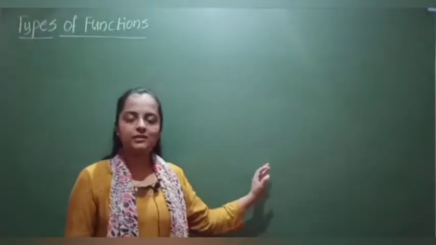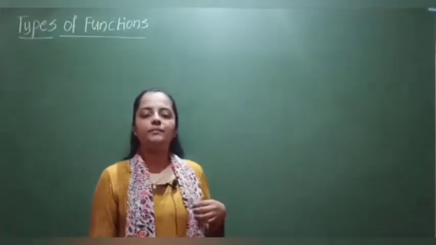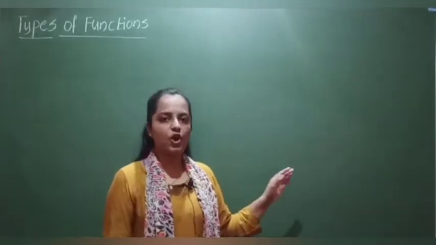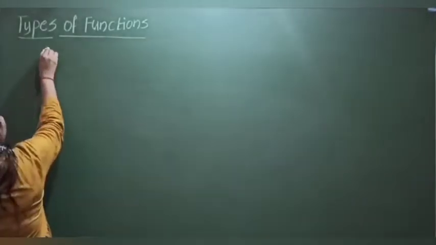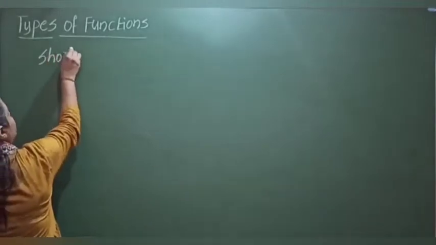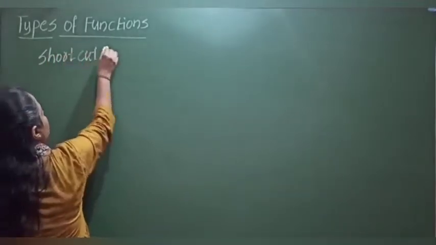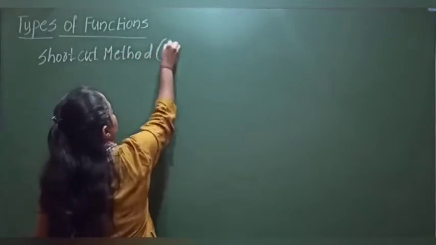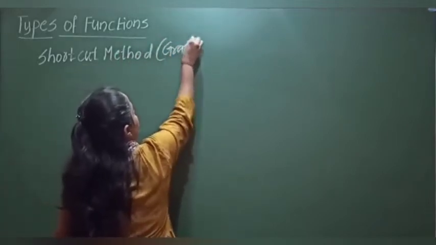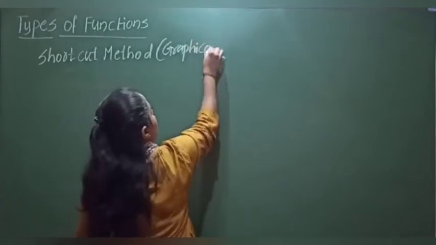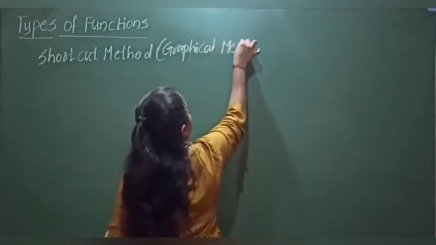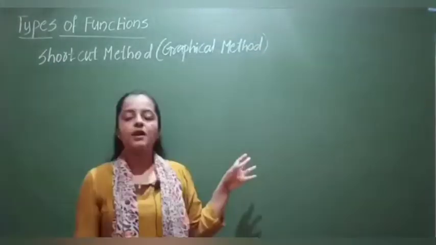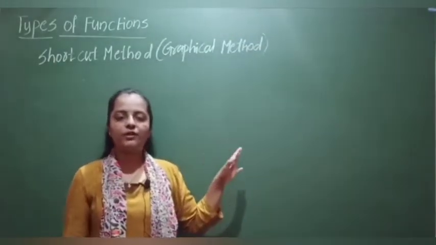Now we'll learn a shortcut method, that is the graphical method, to find whether the given curve is a 1-1 function or not. With the help of the graphical method we have done this already.